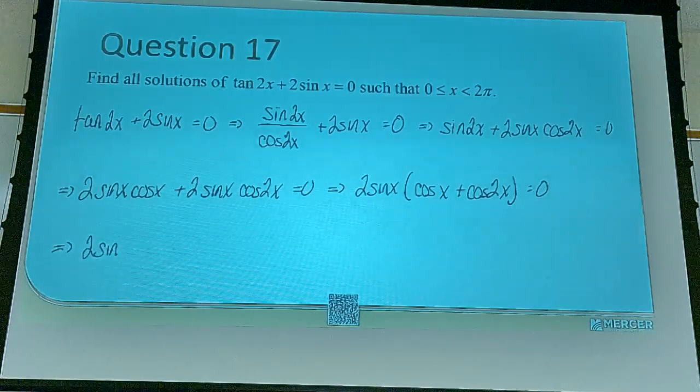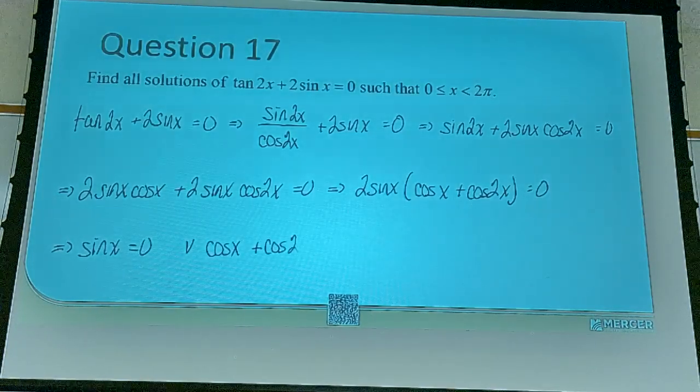Now you have a 2 sine of x common. Factor it out. So sine x equals 0, or cosine x plus cosine of 2x equals 0.